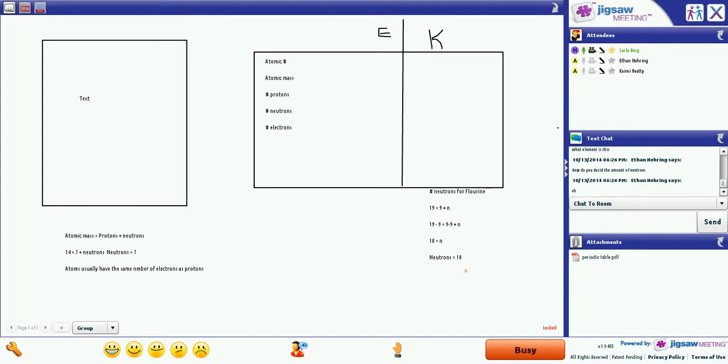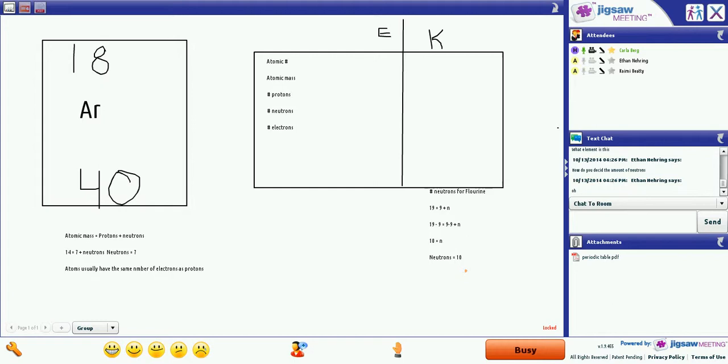Argon is one of the elements that actually has 2 letters that make up its symbol. It's Ar. And it has an 18 here and a 40 there.